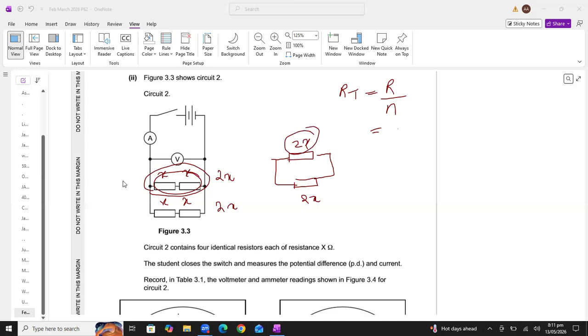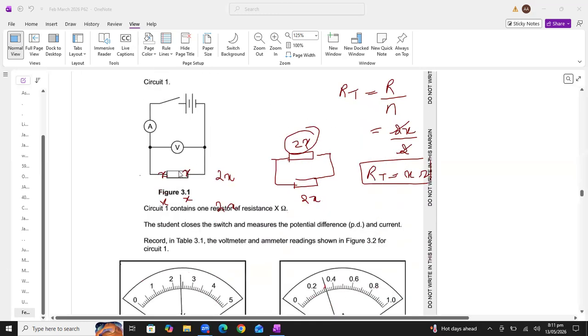One resistor value is 2X and the number of resistors is 2, so this 2 and this 2 will cancel. Again, we get the total resistance X ohm, and X is the resistance of one resistor only. So by connecting the resistors in this combination, we get the same resistance, X ohm, which we got in circuit 1.